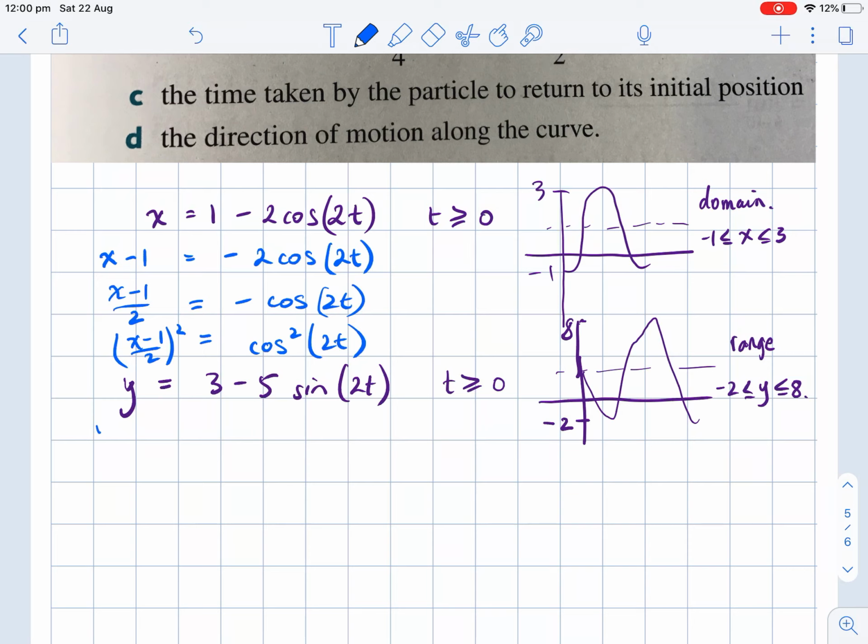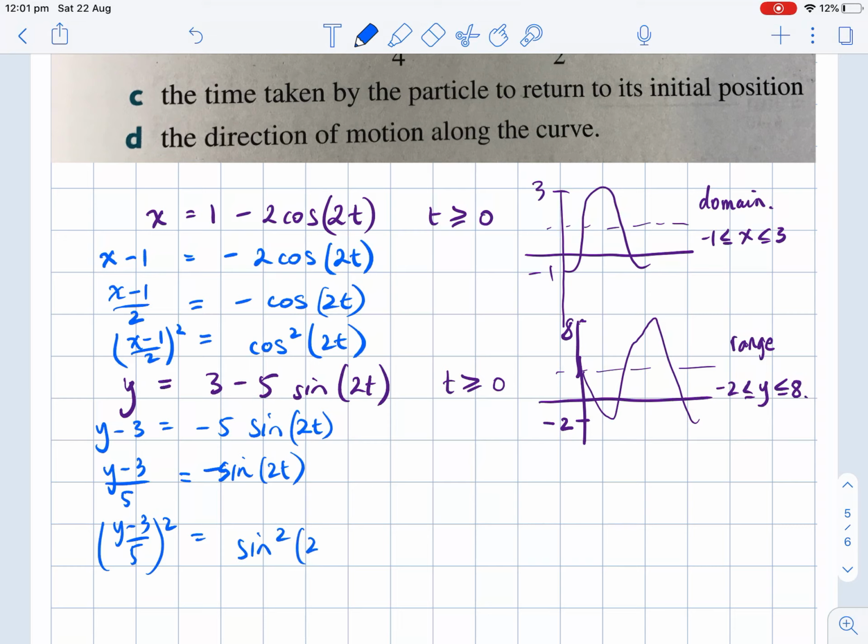Repeat for y, so we'll have y minus 3 is negative 5 sine 2t. Divide by 5, which gives me negative sine 2t, and then square both sides, gives me sine squared 2t.